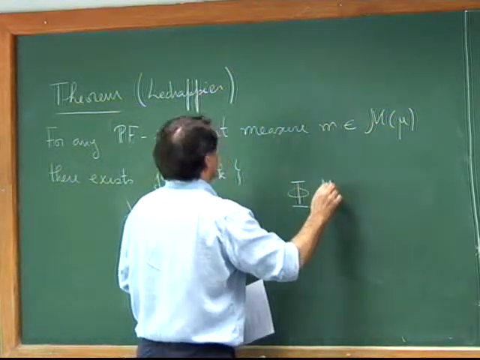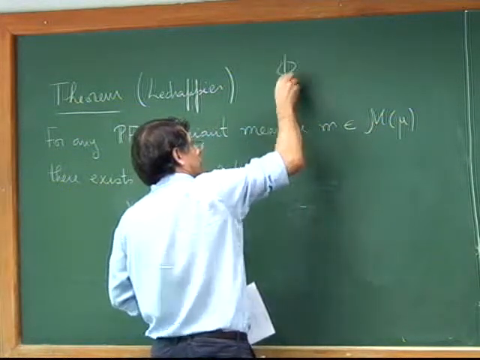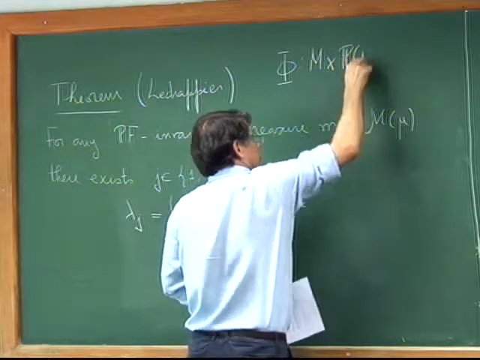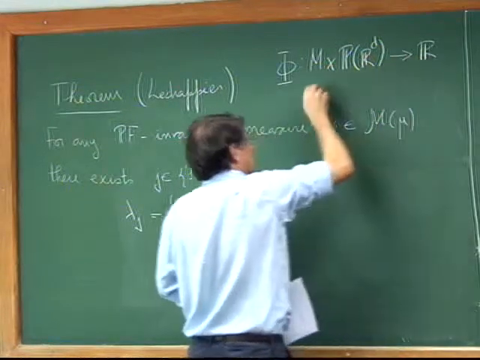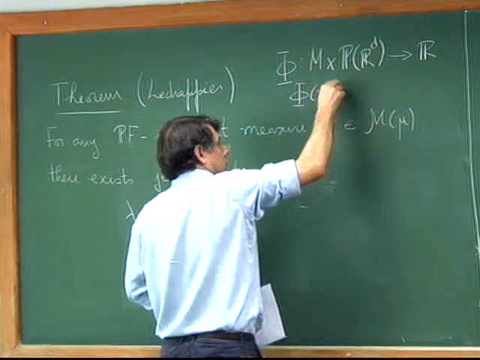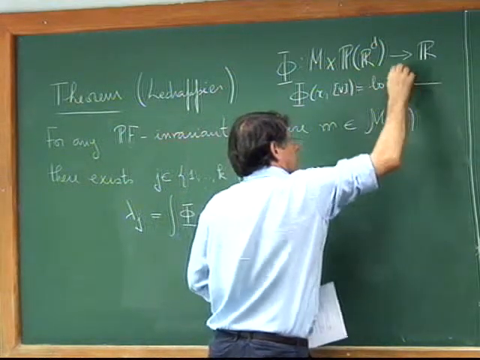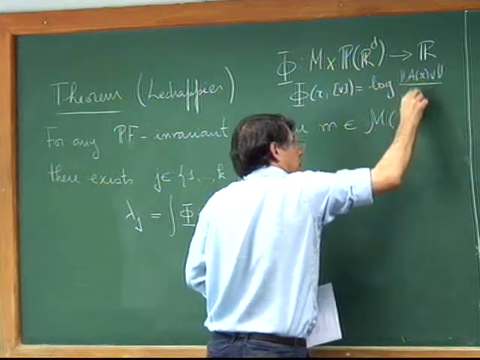Phi goes from M times projective space to R. Phi is the expansion function, and is defined by phi of (x, v) equals logarithm of norm of A(x)v divided by norm of v.